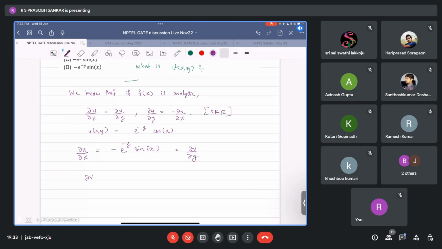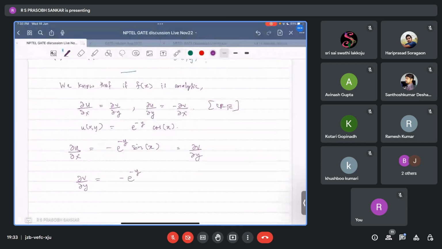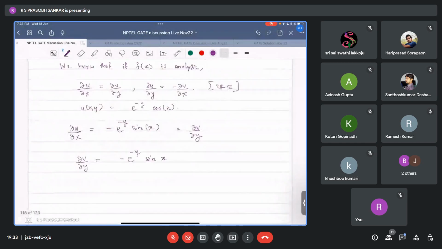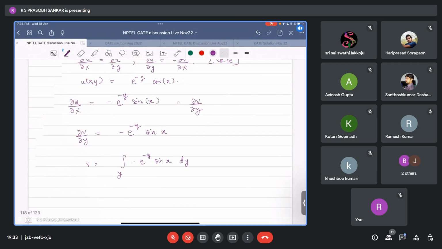So we have dou v by dou y is minus e raised to minus y sin x. V is the integration over y of minus e raised to minus y sin x dy.